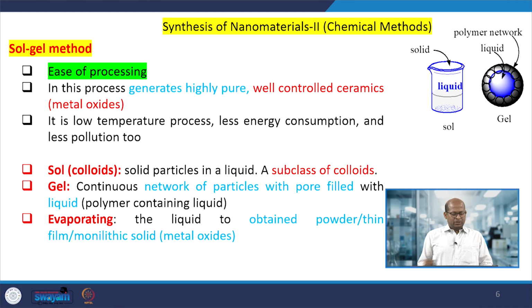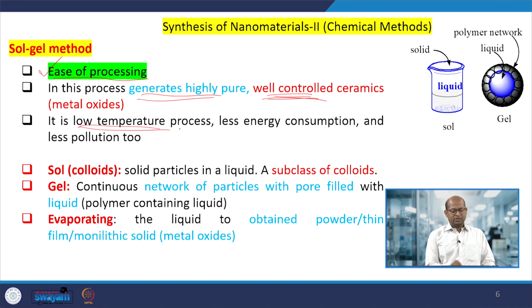As I said, this method is very easy for preparing nanomaterials, and highly pure materials can be synthesized. It is well controlled: by changing the precursor concentration we can control the size.